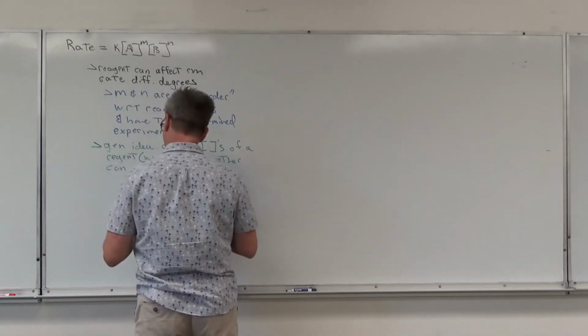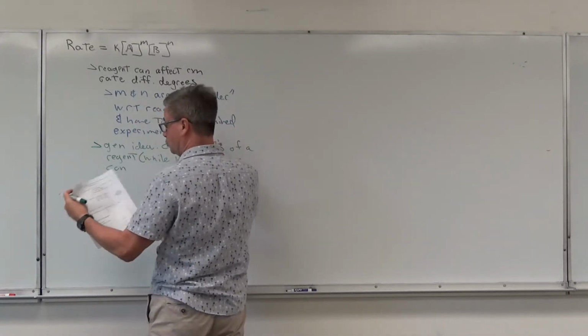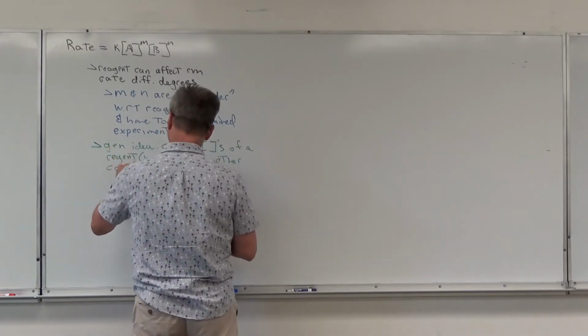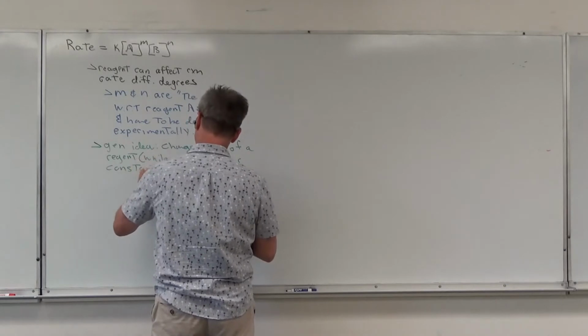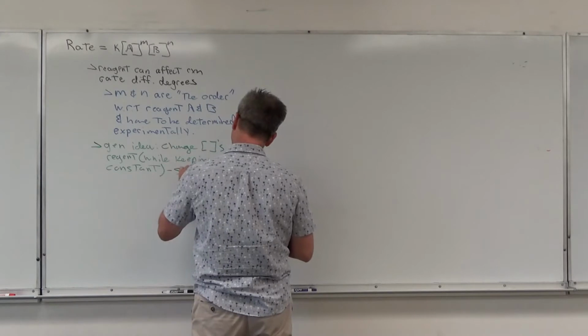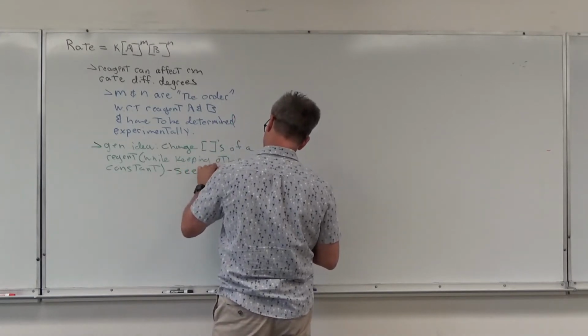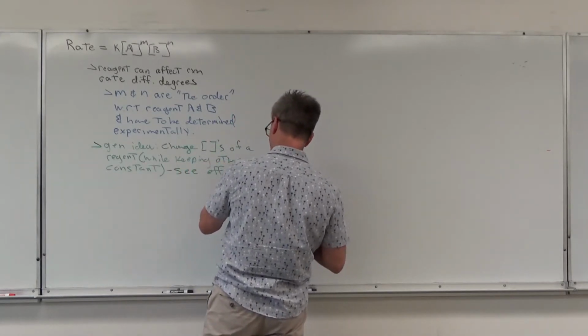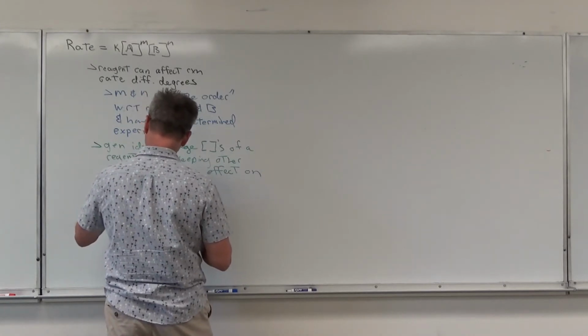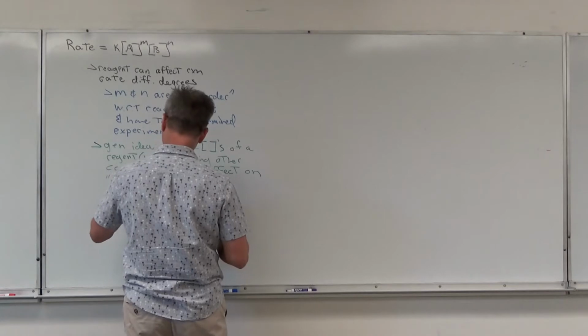If you're changing multiple things at one time and it changes the rate, you don't know which change had the effect. And then the effect on quote-unquote initial rates.